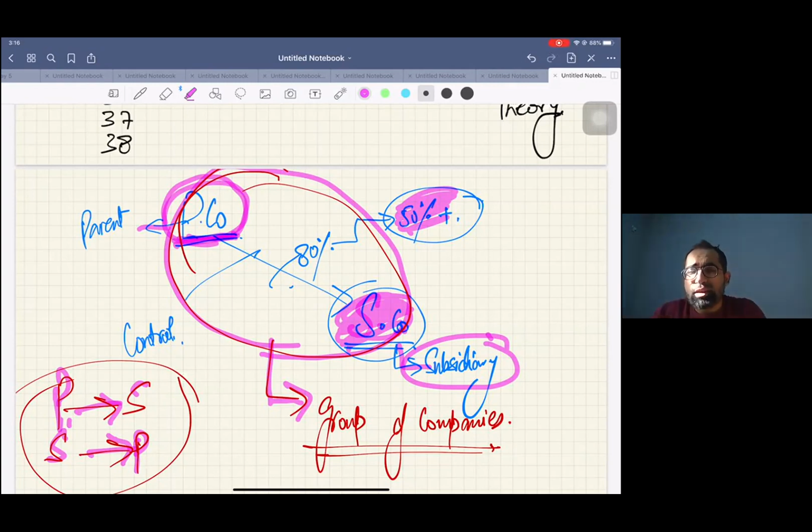Here you will have to study P to S and S to P sale of fixed assets as well. And there will be a lot of theory in consolidation like IFRS 10 and IFRS 3 that we will also cover in this consolidation area.